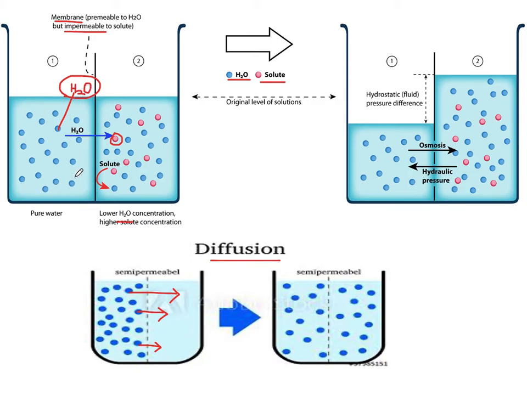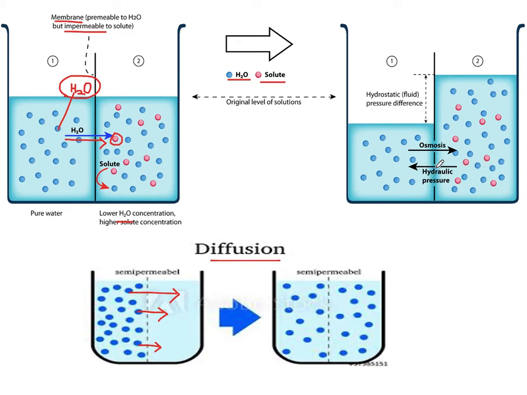So water concentration is higher here, while in this case it is lower. So water will move from its higher concentration to its lower concentration, right? So water will start moving from pure water to your solution. It will keep on moving till equilibrium is reached.